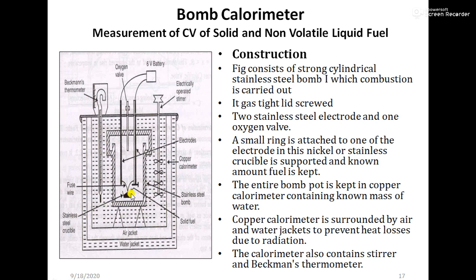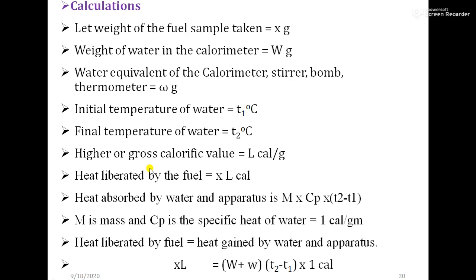The heat liberated from here will be absorbed by this surrounding water. So the heat liberated by fuel is XL, and the heat gained by the water and apparatus is (W plus omega) into (T2 minus T1) into 1 calorie per gram.